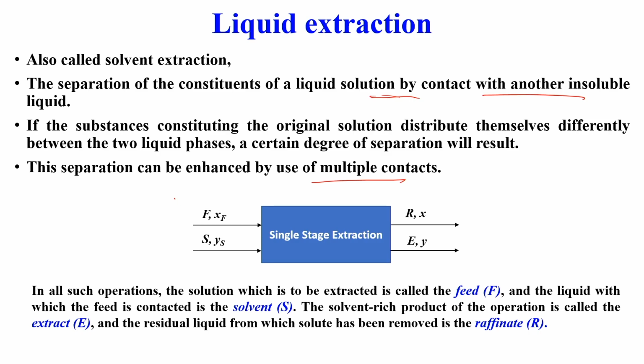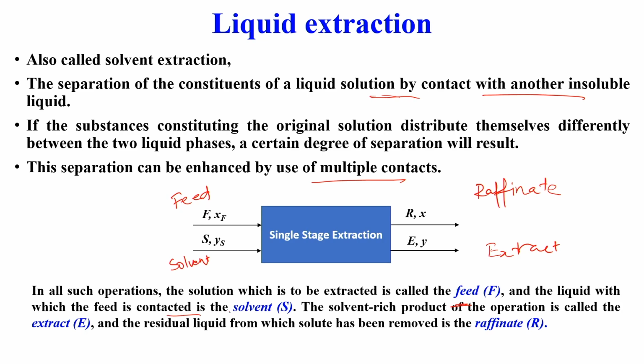We use F to represent the feed and S to represent the solvent. And now after the extraction you are going to get two phases, one is called raffinate and the other is called extract, E. So, feed is the liquid from which you want to extract your desired compound.